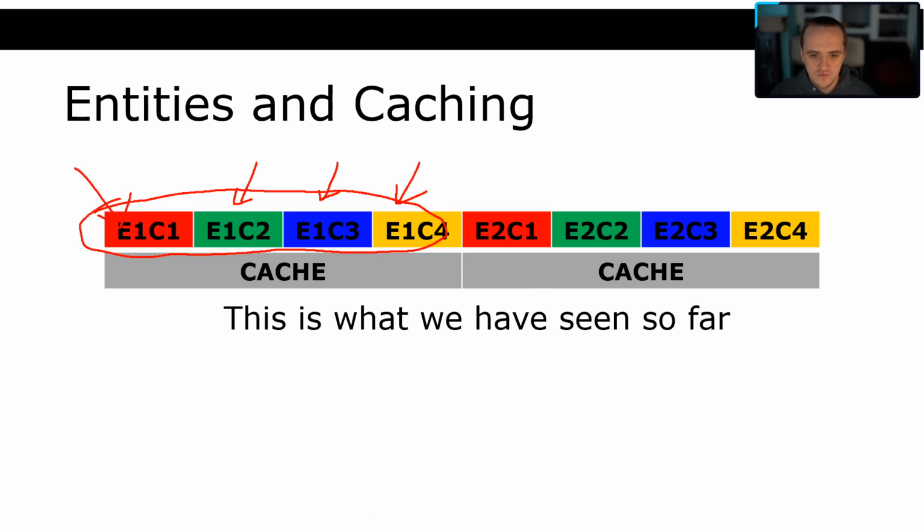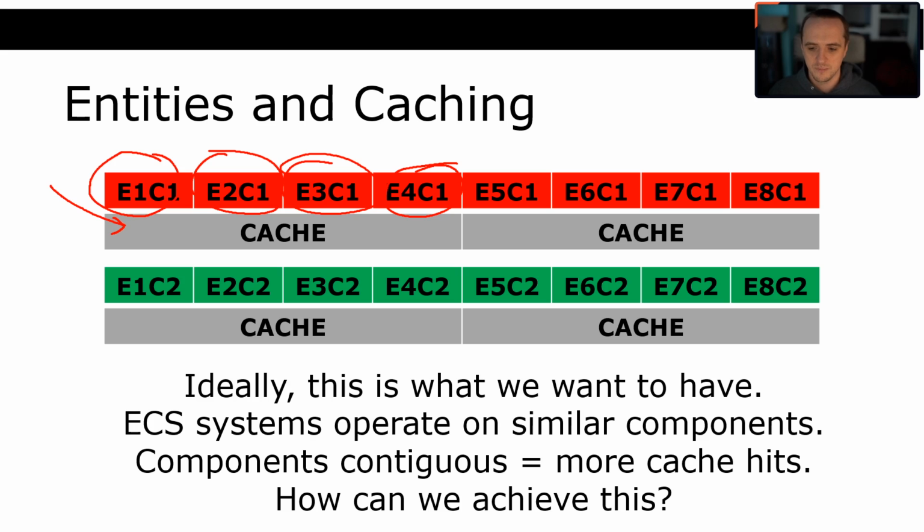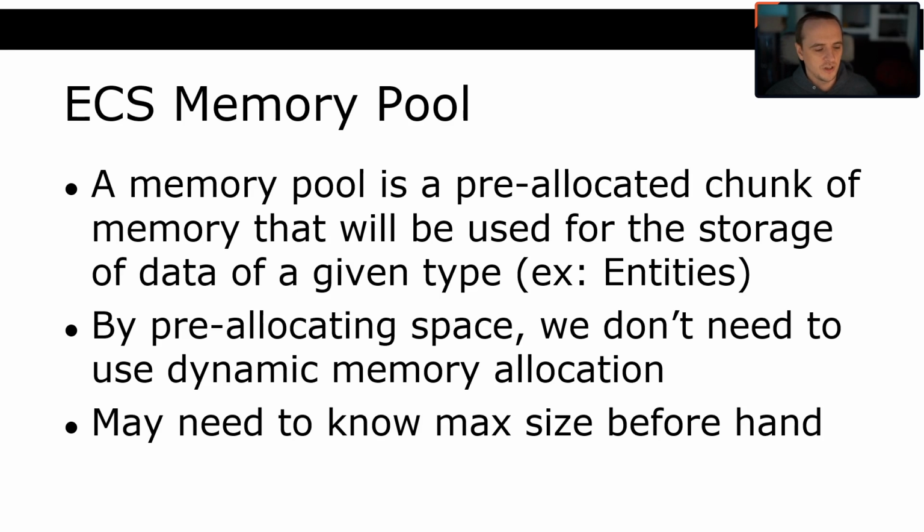But how can we achieve that, right? So our entities store all the components. So how could we possibly split that up? We can't split up our entities, like, oh my God, how are we going to do that? How do we achieve that? Well, what we're going to do is something called memory pooling. And memory pooling is going to accomplish two things for us.